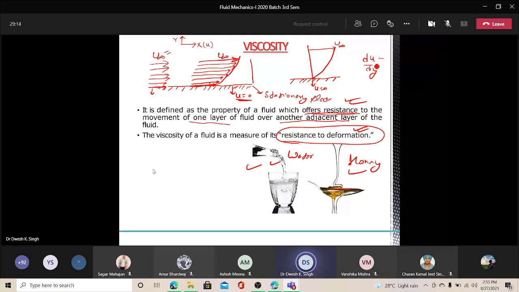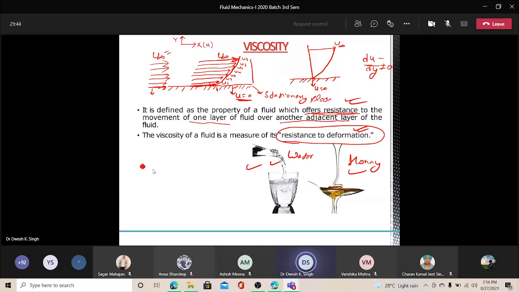So du by dy means there is some gradient. If this value is not equal to 0, it means there is a gradient, and yes, during the flow of fluid, the gradient exists. You can see here the velocities u1, u2, u3, u4, u5, u6, u7.